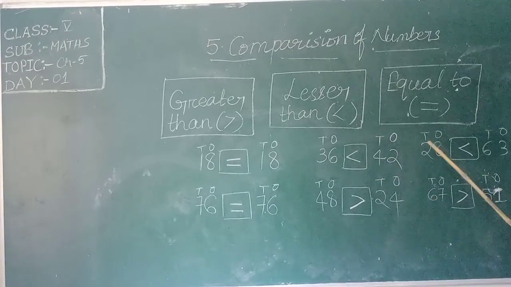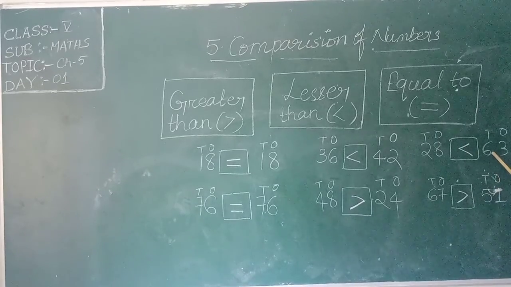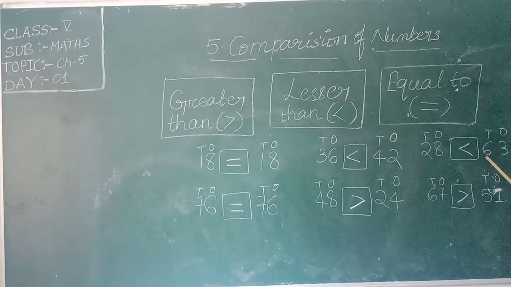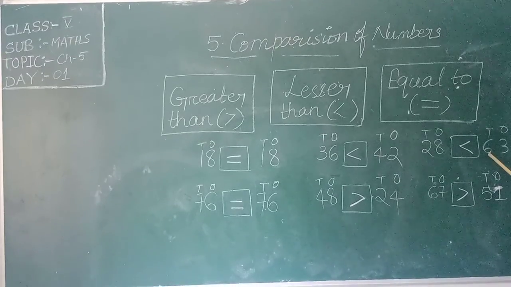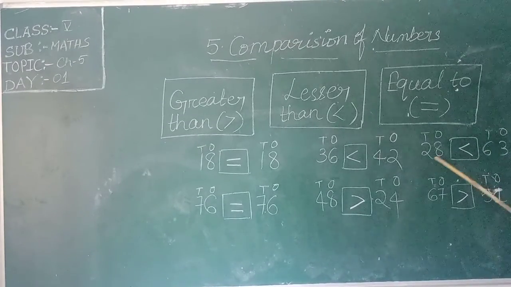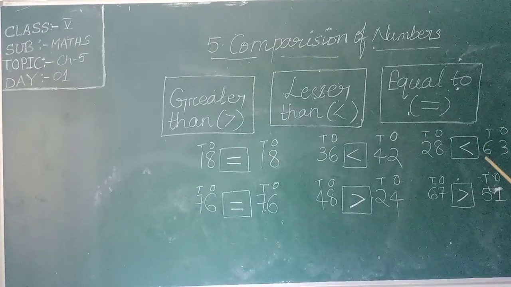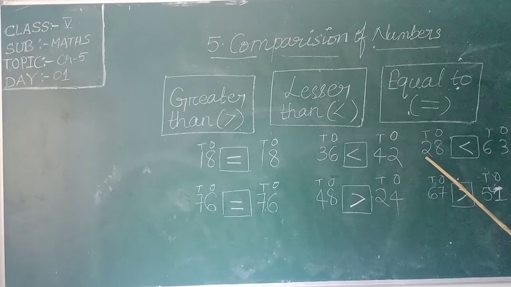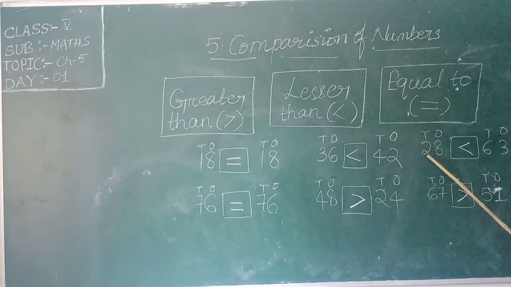See the third question, 28 and 63. How should we compare? We should compare using the highest place value. In those numbers, what is the highest place value? Tens is the highest place value. In the first number, 28, in the tens place, what number is there? 2 is there.